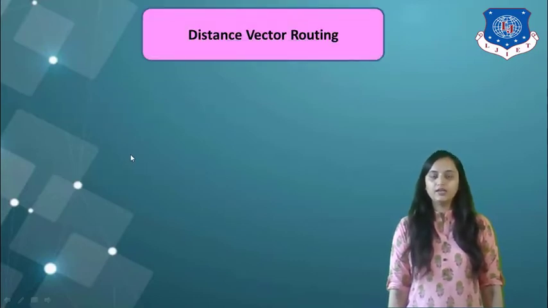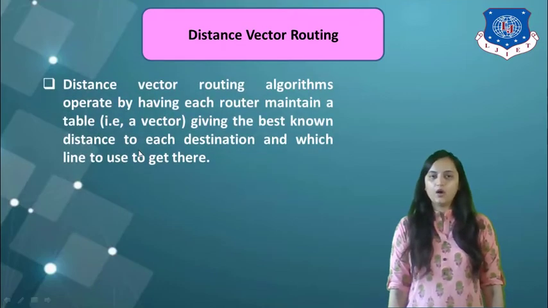The first one is distance vector routing. In distance vector routing algorithms, each router maintains a table called the vector, which gives the best known distance to each destination and which line to use to get there.